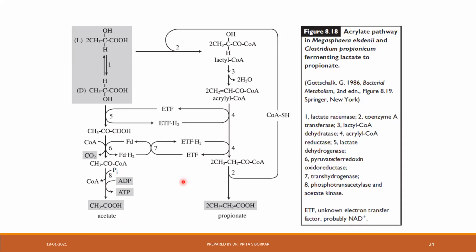See, the propionic acid producing bacteria ferments lactate, but while doing so, it is utilizing the nitrate, or it is reducing the nitrate, and instead of producing propionate, it is producing the acetate.